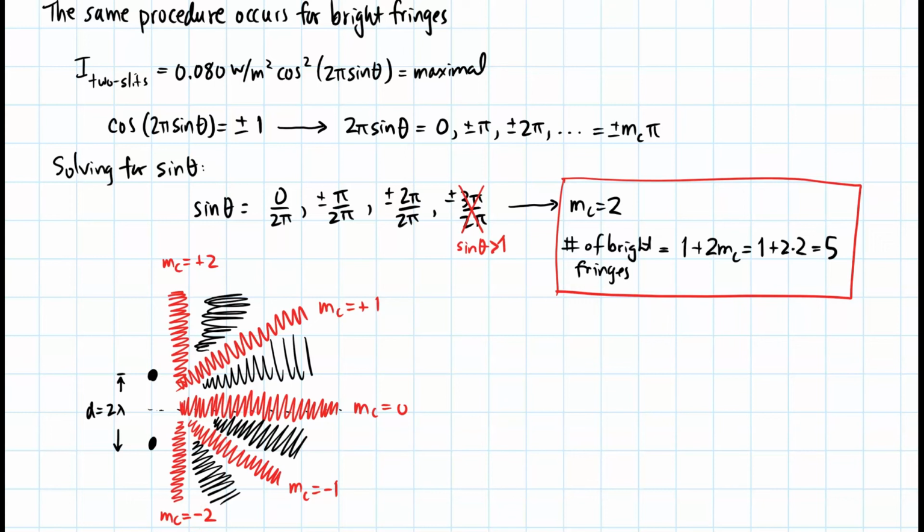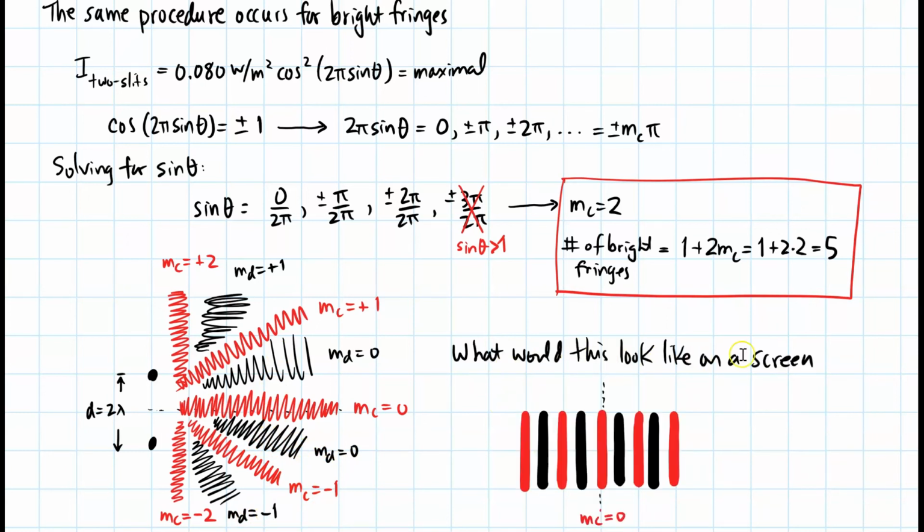If I look at the dark fringes, I have 2 dark fringes on both sides, so I get MD equal to 0, MD equal to plus 1, and on the bottom I get MD equal to 0 and MD equal to minus 1. So what would it look like on the screen? Well, I would have 5 bright reds and 4 dark blacks.